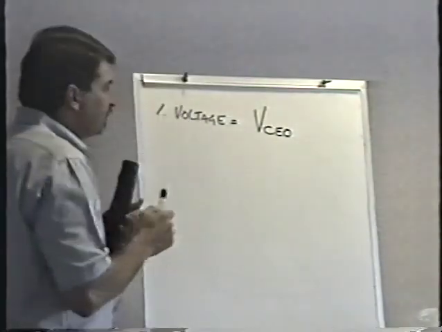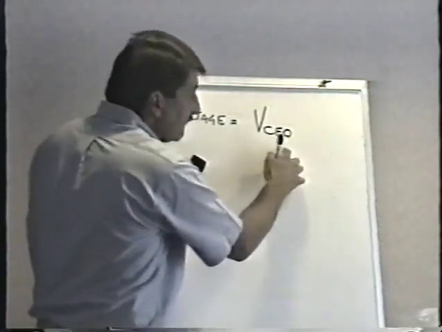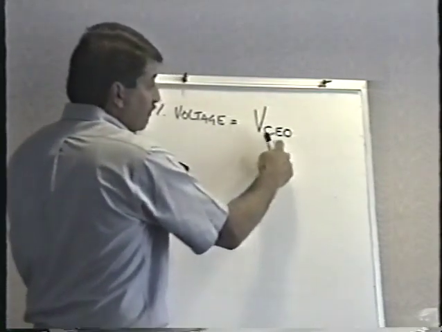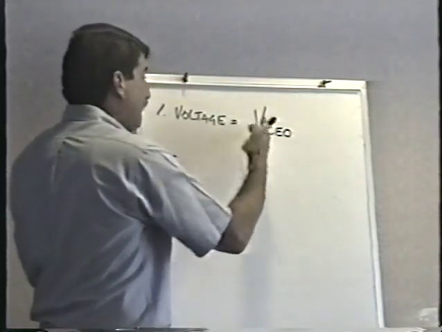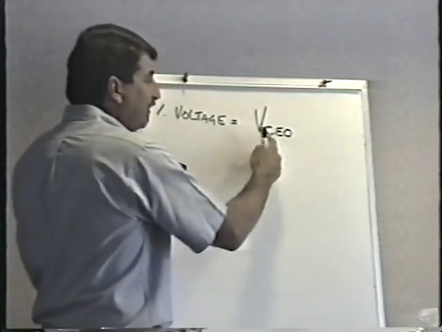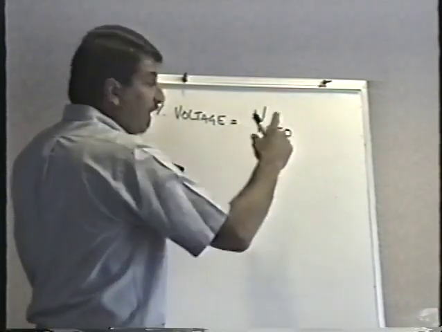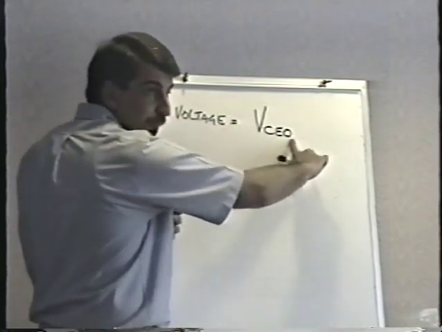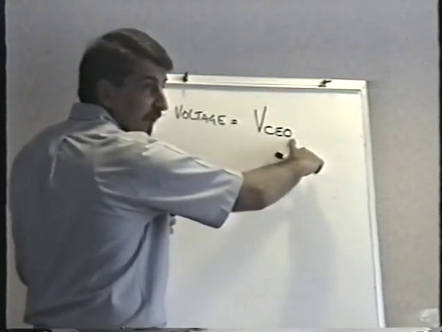Remember, these little letters are called subscripts, and they further describe what we mean by the big letter. V is the voltage rating from the collector to emitter when the base is open. That's what that O means.